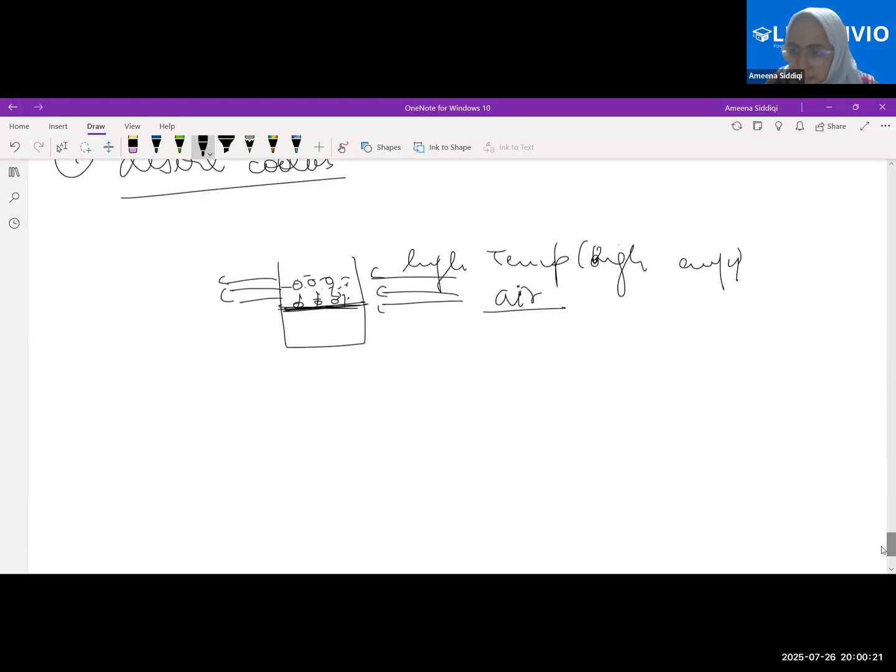The air molecules lose the energy, so obviously the temperature of the air drops. That means the air which entered as very dry and hot air actually becomes very cool air, and that cool air is given out here.